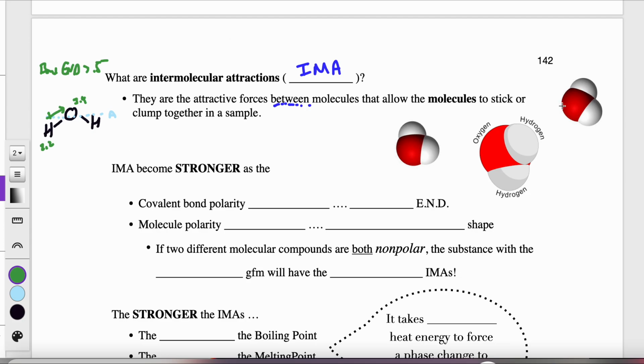The red in my diagram is the oxygen, and because oxygen pulls the electrons towards it in the bonds with hydrogen, it carries a negative partial charge. All the reds are oxygens, they carry a partial negative charge. Because the electrons are pulled away from the hydrogen in the bond, each of the hydrogens carries a partial positive charge.